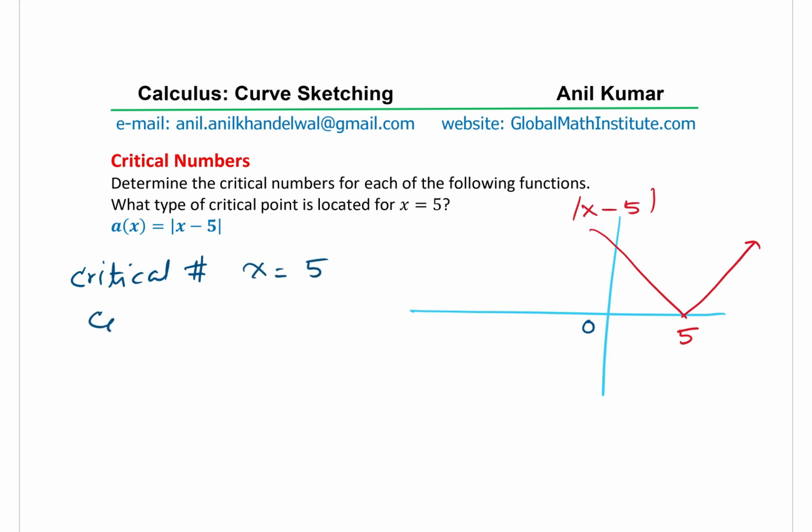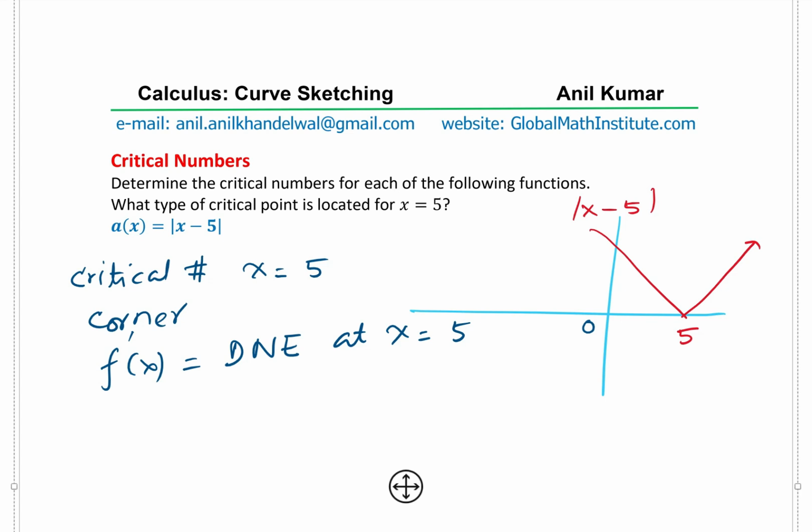Reason is it is a corner where the first derivative does not exist at x equals to 5. Clear? Perfect, right? First derivative does not exist. However, that becomes a critical number since it does not exist. Does not exist means a critical number.